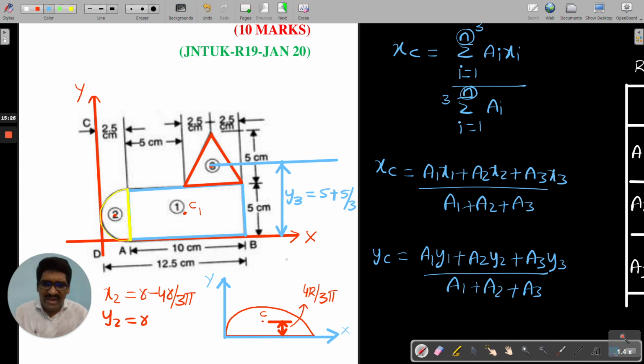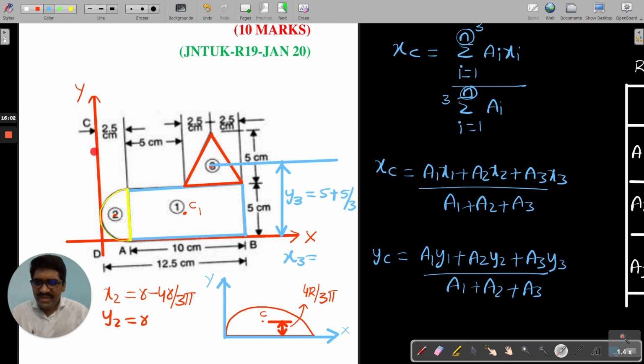Now what about the value of x3? I am writing x3 is equal to, these are my reference axis, and this is the position of the centroid. So what will this distance become? This is 2.5 plus 5 plus b by 2. Again I am saying, if the total base is b, the centroid will be definitely half of the base here.